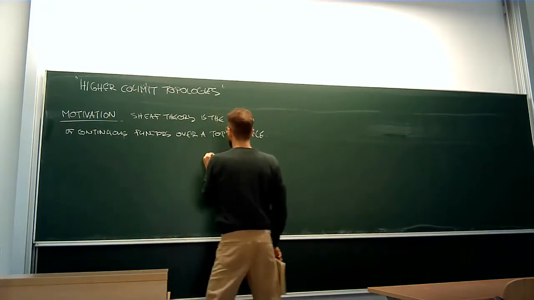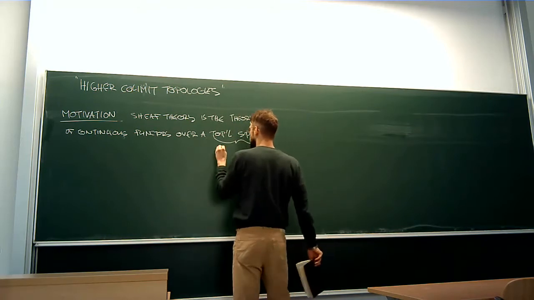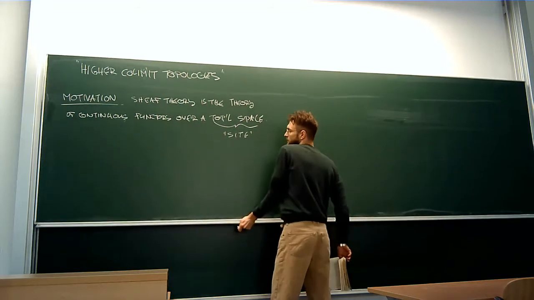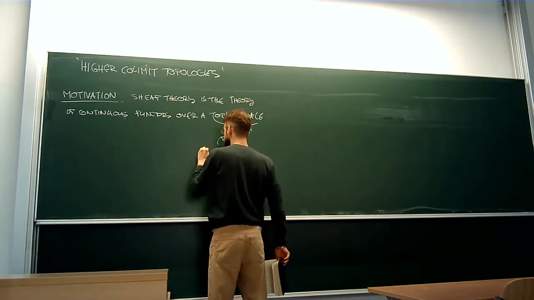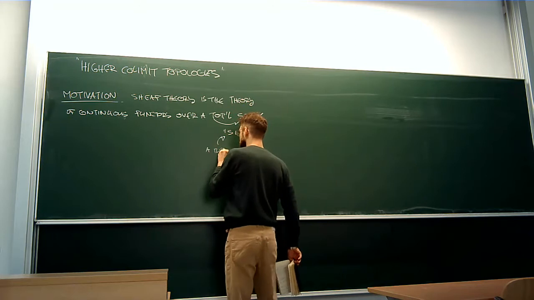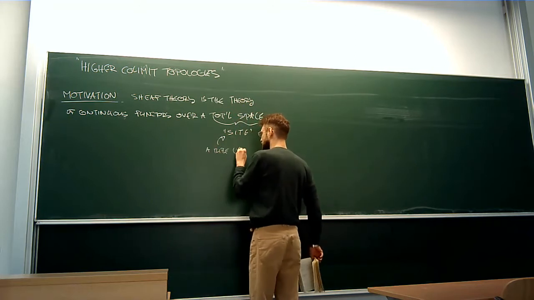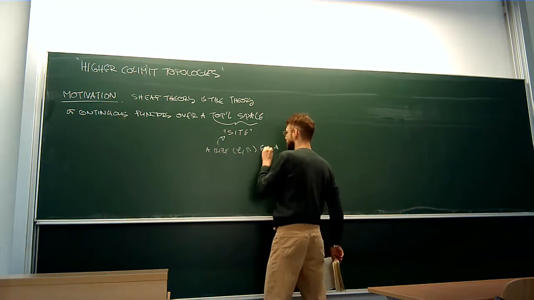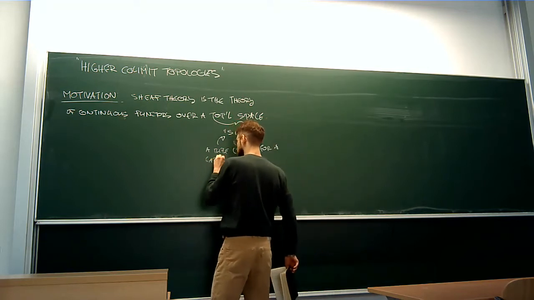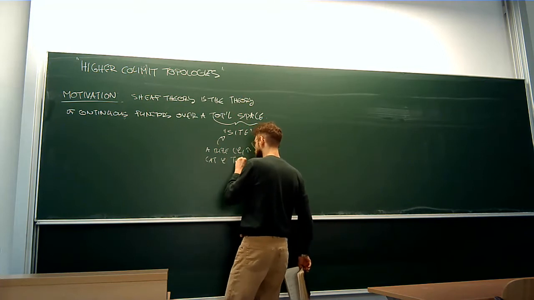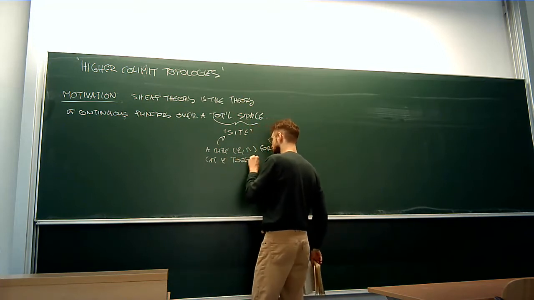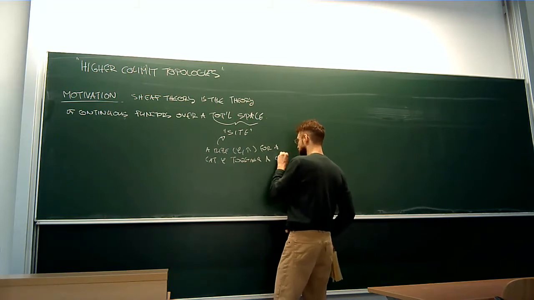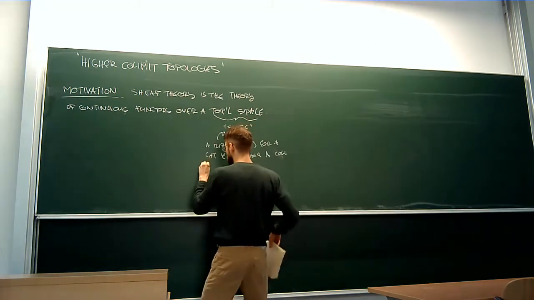Over a topological space. So by topological space here, what we mean is a site. What a site is: a tuple (C, τ) for a category C, together with a notion or collection, say, of covers.